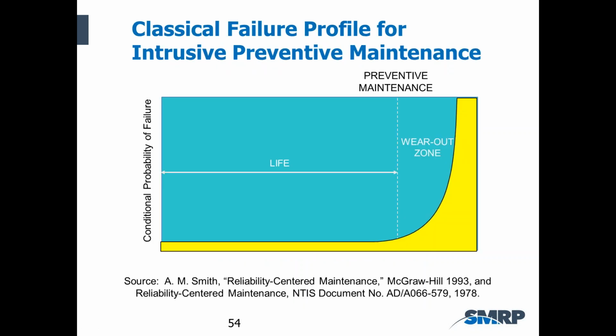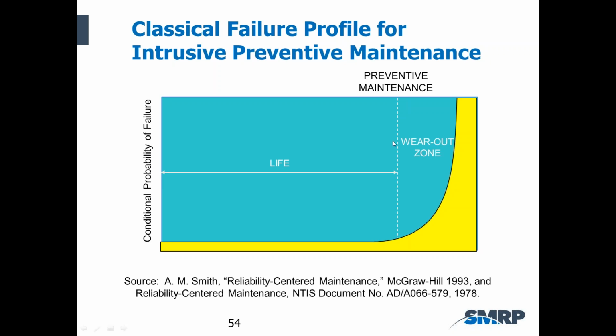So let's move on. Now, here's a so-called classical failure profile used to justify intrusive preventive maintenance, time-based maintenance. So this graph here says your equipment has a certain operating life, and beyond that you go into a wear-out zone. Therefore, you do your PM, your replacement, your intrusive restoration, whatever, right there at that point in time.